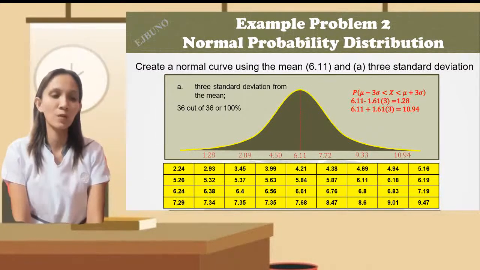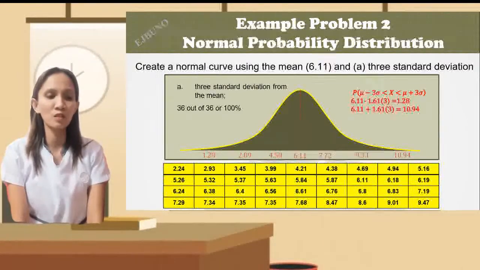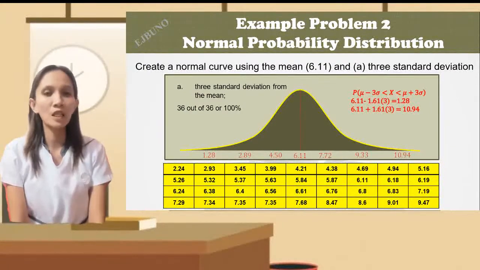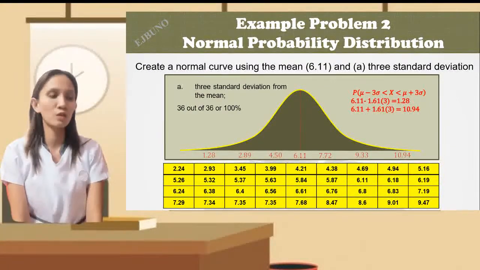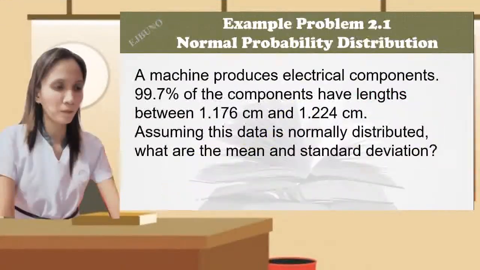So 6.11 minus 1.61 times 3 is equal to 1.28, and 6.11 plus 1.61 times 3 is equal to 10.94. So our 3 standard deviations from the mean is equal to 100%, or 36 out of 36.